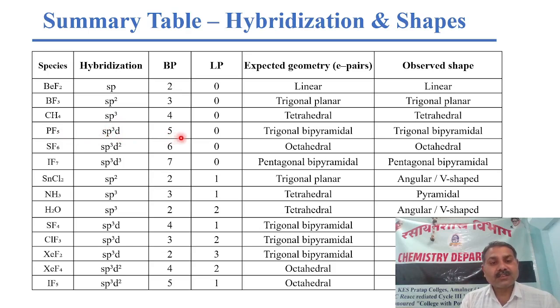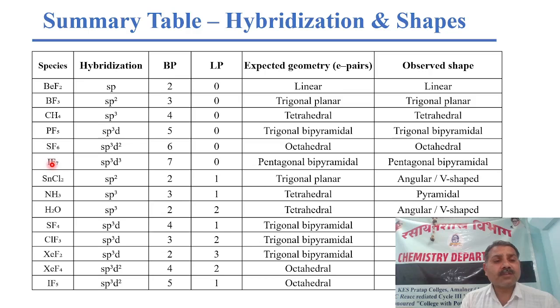So 5 bond pairs are involved with no lone pair. Expected geometry is trigonal bipyramidal, and the actual is also trigonal bipyramidal. The SF6 molecule has sp3d2 hybridization, that is 6 hybrid orbitals are involved, therefore 6 bond pairs of electrons with no lone pair. So expected and actual geometry are octahedral.